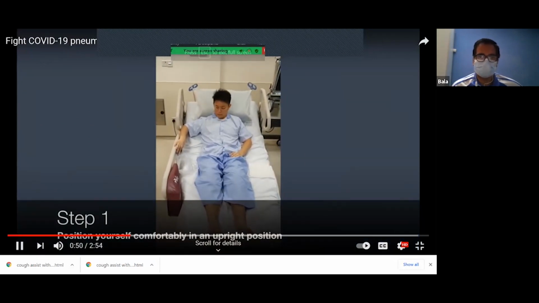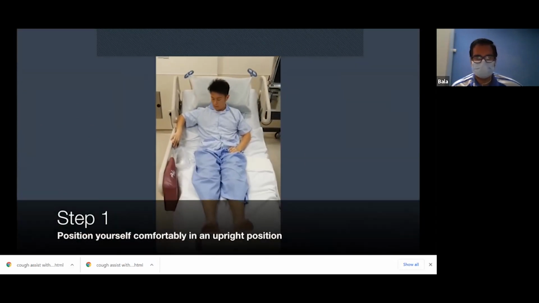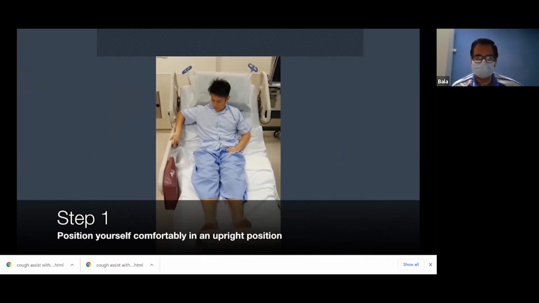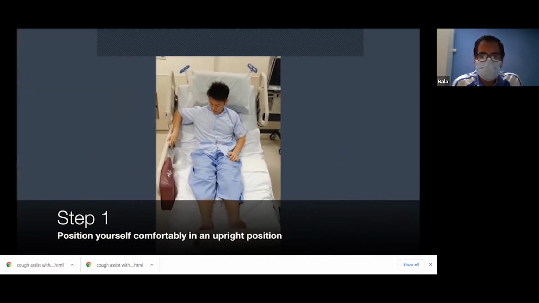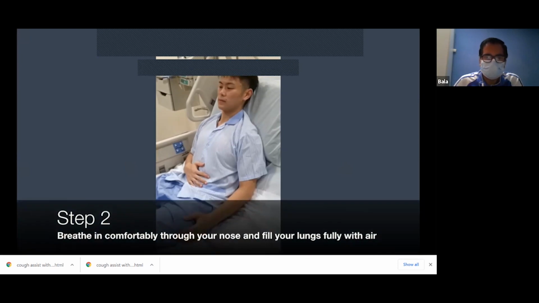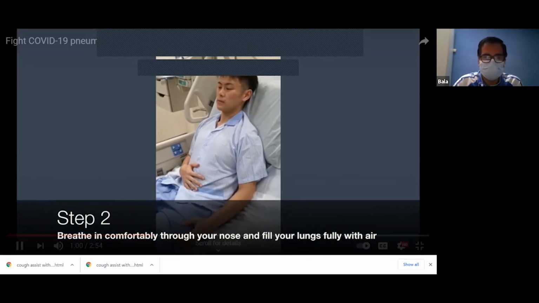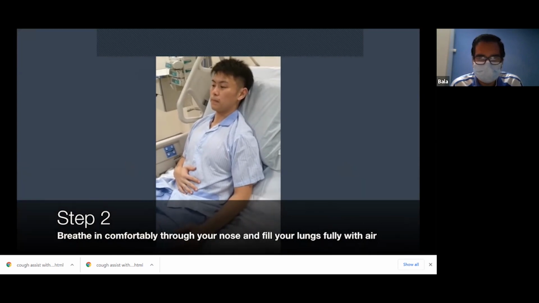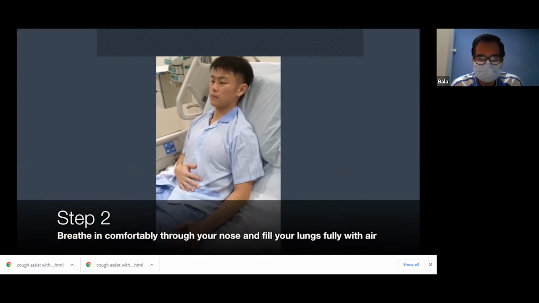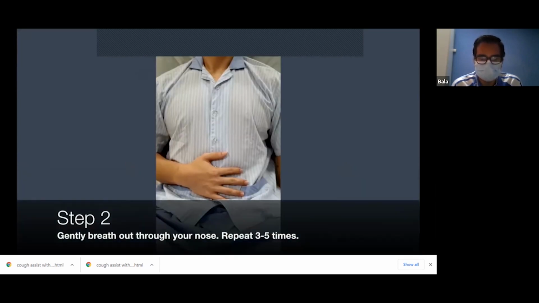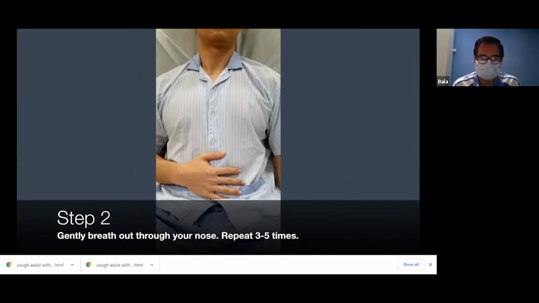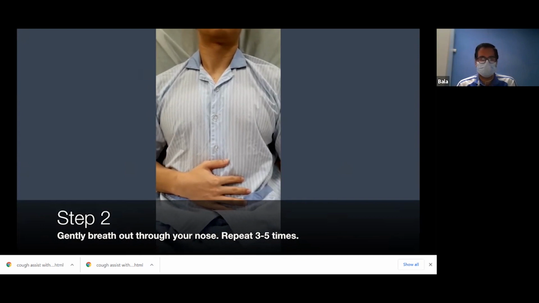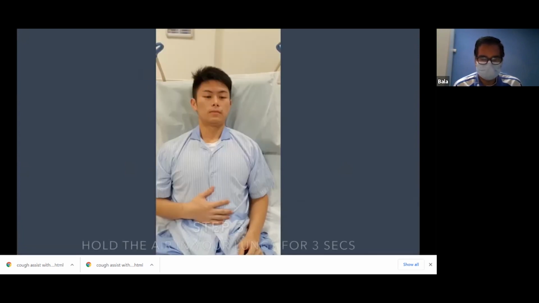Position yourself comfortably in your bed. We would recommend you to be in a more upright position. Step 2. Place your hand on your stomach and take in a slow deep breath through your nose, feeling your breath expand your lungs. This is your breathing control. Then gently breathe out through your nose and repeat these 3 to 5 times. Step 3.